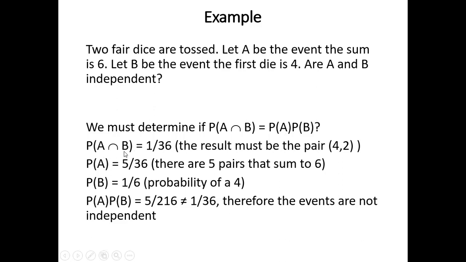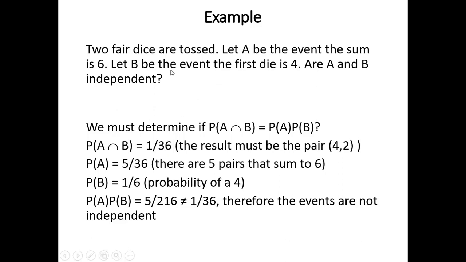A intersect B would be the outcome where the sum is 6 and the first die is 4. The only way this could happen would be with the pair 4, 2. And there are 36 different outcomes when you look at tossing two dice. So the probability of A intersect B is 1 over 36.